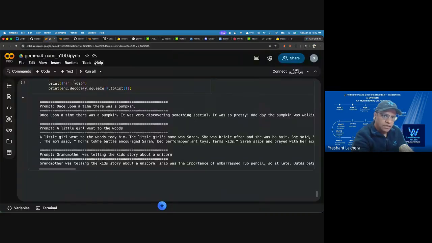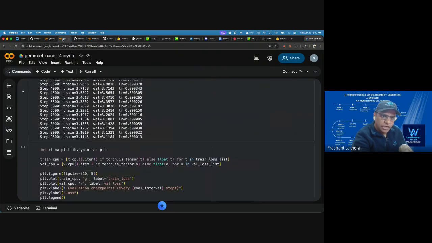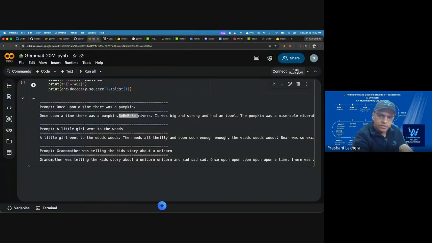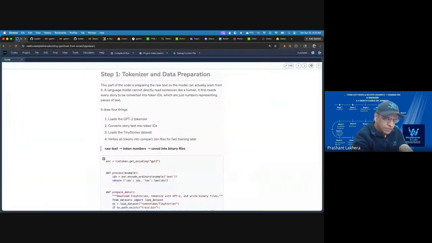Like I showed you, I started with the A100, then I did some optimization and I'm able to train it even on a T4 GPU. With these optimization techniques, I'm even able to run it on a Mac. Then I also switched to a higher GPU, the H100. I'm going to show you what those optimization techniques are, but let's start with the first step, which is called tokenizer or tokenization.